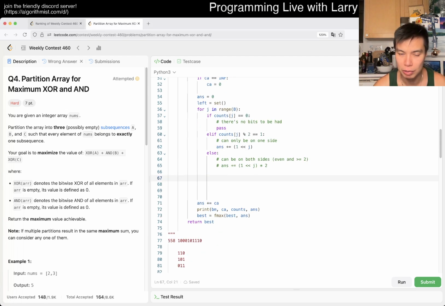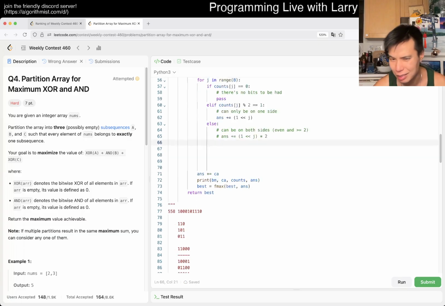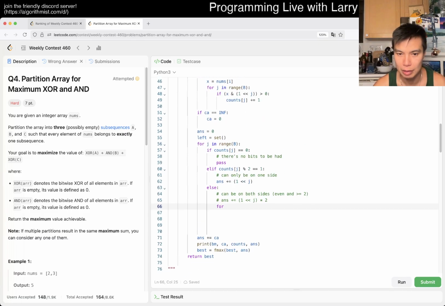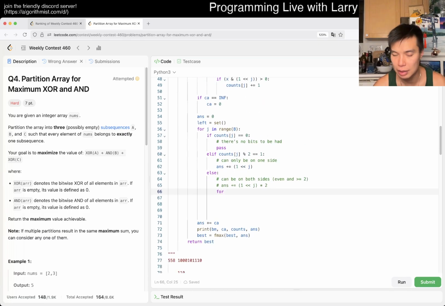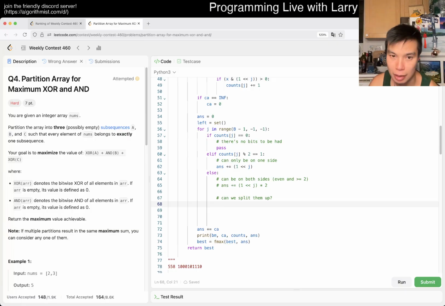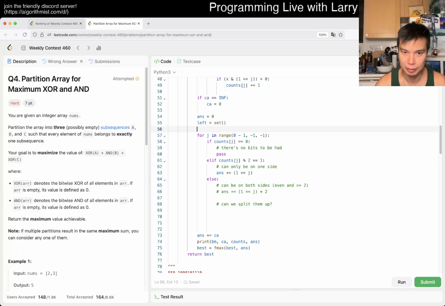I don't know if picking a random one works, but if not, then we'll do something funky. But okay, so only 19 numbers, maybe that's fine. Okay, so can we run both sides? Can we split them up? The answer is, oh well, this J, we should go from big to small, and maybe some prefix that we care about, right? Yeah.